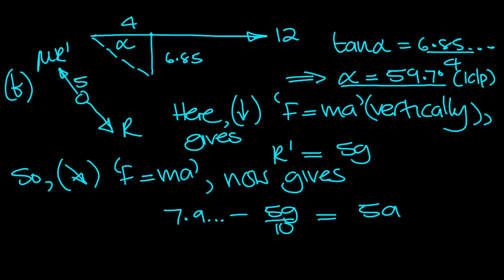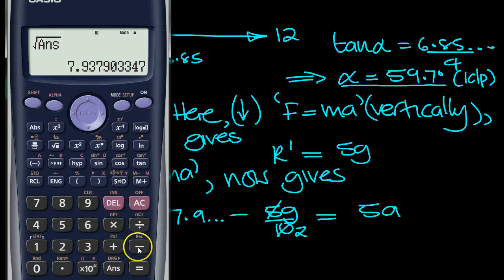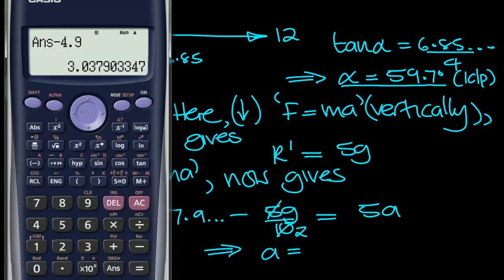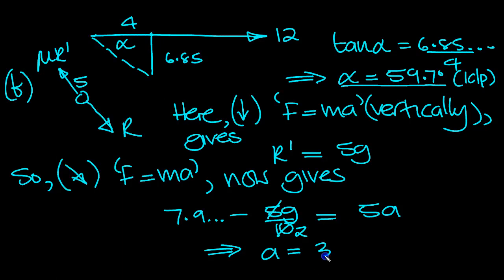Minus 5g over 10, which is g over 2, isn't it? Which is 4.9. So that minus 4.9 equals. So the acceleration then will be that number, which is 3.037, divided by 5, because we move the 5 from times to divide.